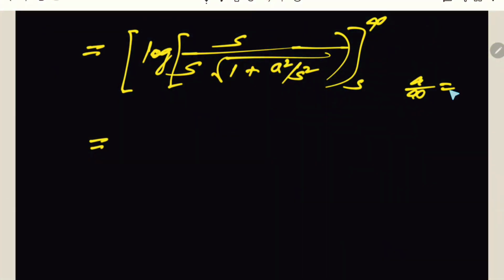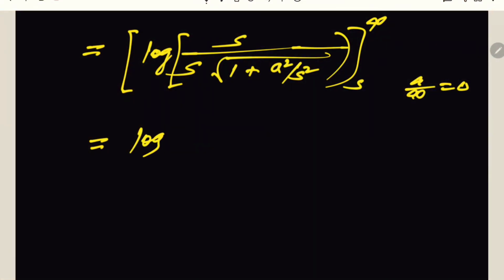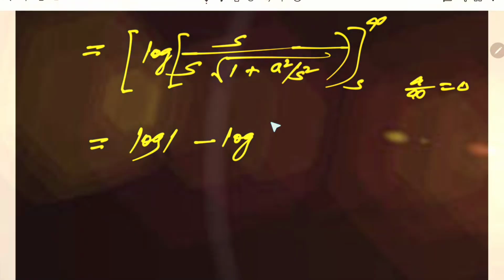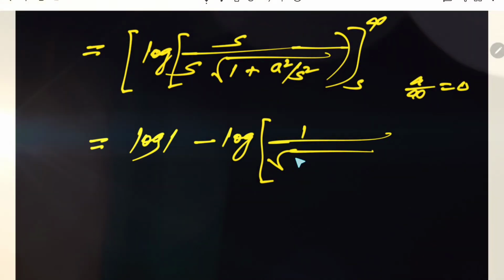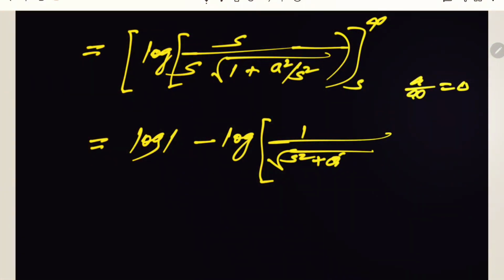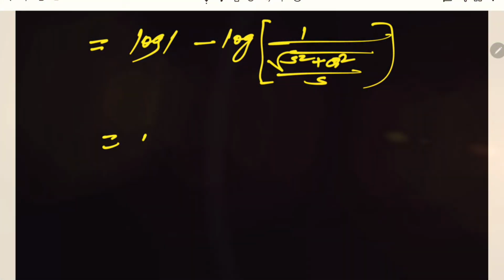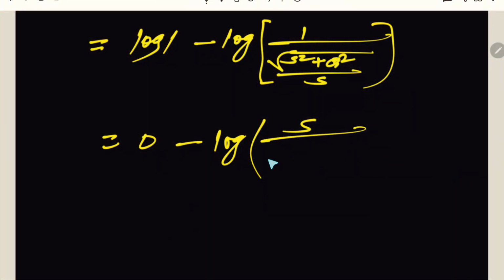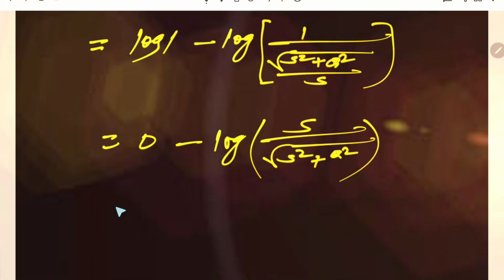For the upper limit, it is 1 by square root of 1 is 1, and a square by infinity is 0. Therefore, it is log 1 for the first term, minus, for the lower limit it becomes s upon square root of s square plus a square, and whole divided by s. Log 1 is 0 minus log of that, 1 upon 1 by s goes to the numerator as s divided by square root of s square plus a square.